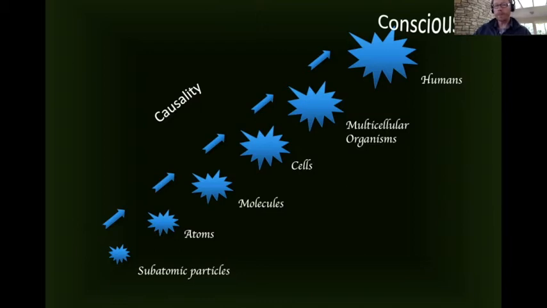From multicelled organisms, I can't predict that there would be these things called humans that would have consciousness, looking up the chain. But when I look back down the chain, I say, well, yes, I can see how that happened, if you see what I mean. So it's this weird thing where these explosions in complexity aren't actually predictable, but they are explicable.